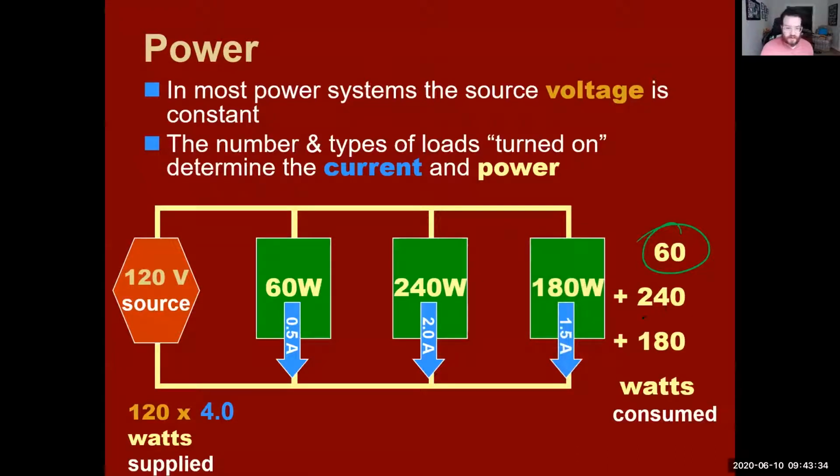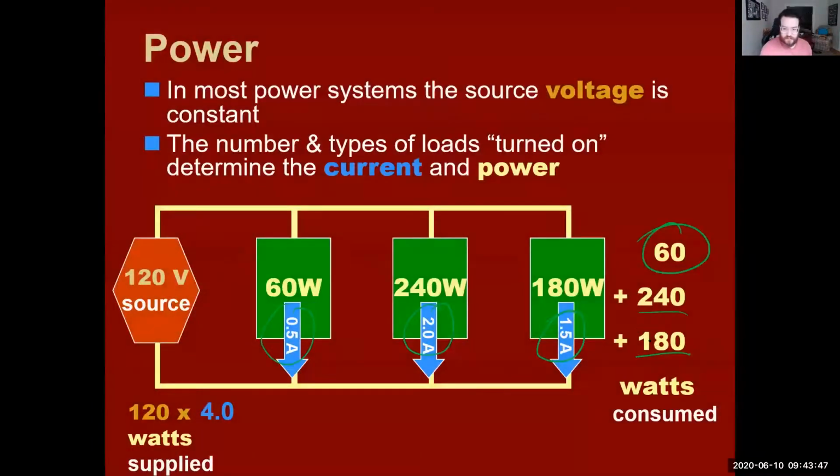And then here we have 180 watts, 240. So it's 120 times the amps, our current, on each one of these. That's how we're gaining watts consumed.